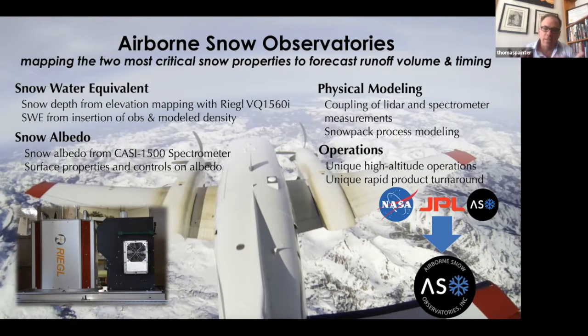And this team built an amazing processing chain, which we now, as ASO Inc., have the exclusive software license on from JPL to really be able to carry that forward. And in this photo, we've got the LiDAR up front, which is what we use to measure the snow depth. It's a laser altimeter, and then right behind it is the imaging spectrometer.